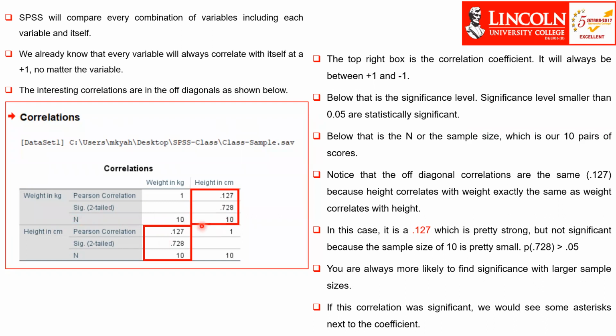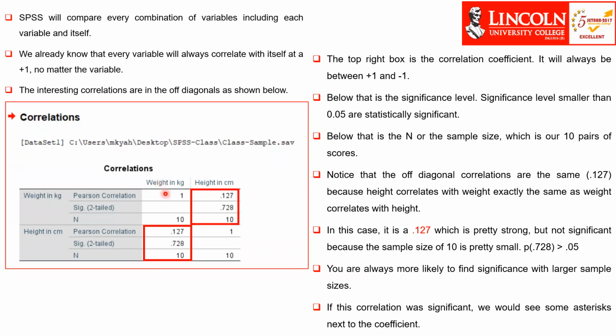Notice that the off-diagonal correlations are the same. Here we have 0.127, here we have 0.127, here we have 0.728, here we have 0.728, and here we have 10, and 10. Because height correlates with weight exactly the same as weight correlates with height.